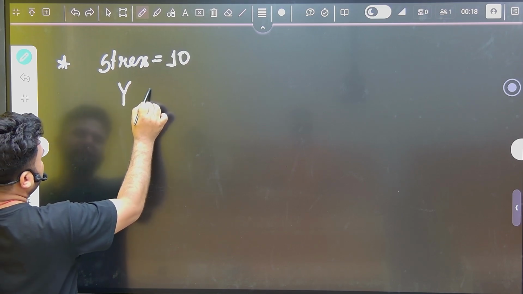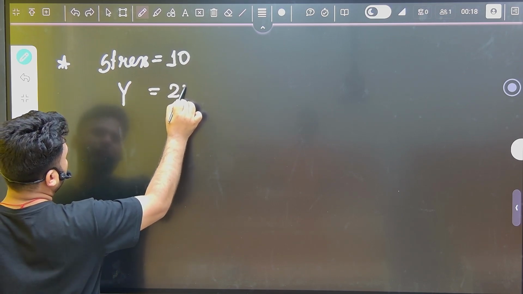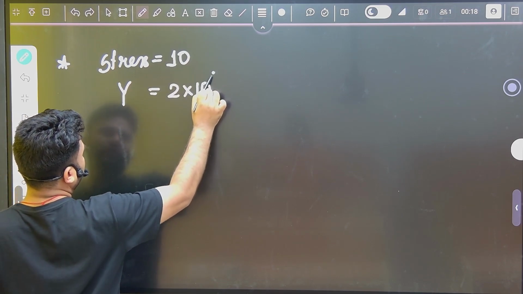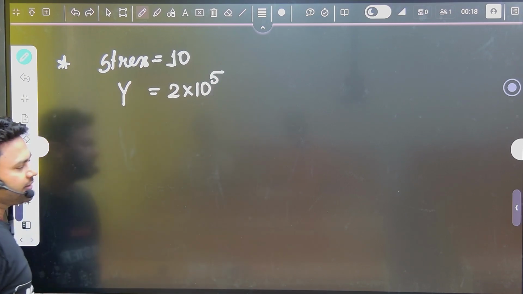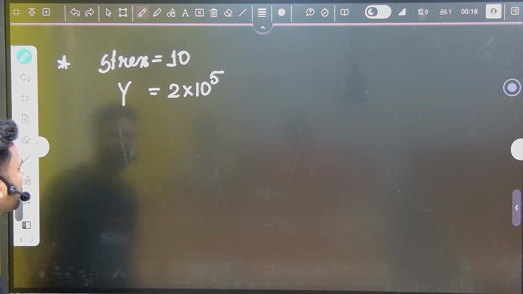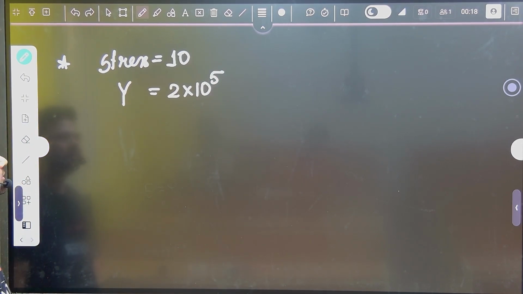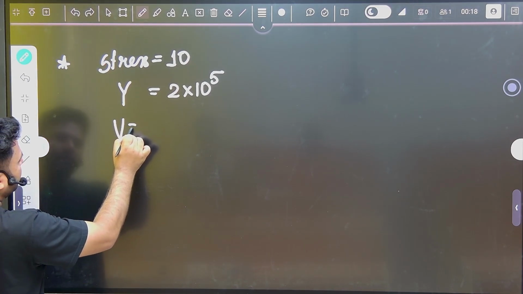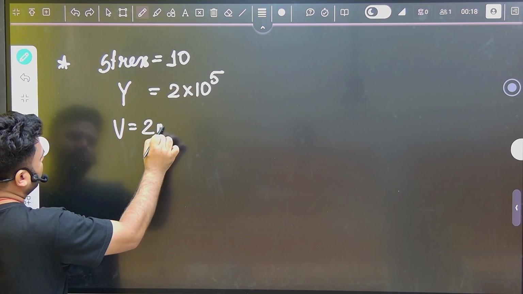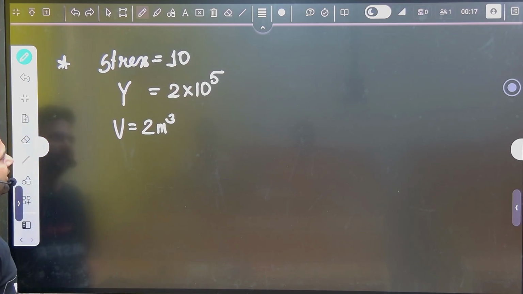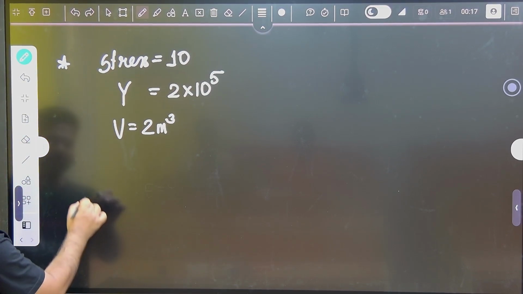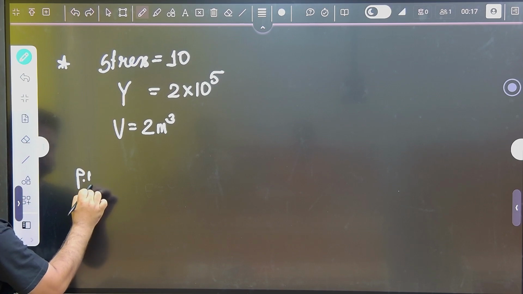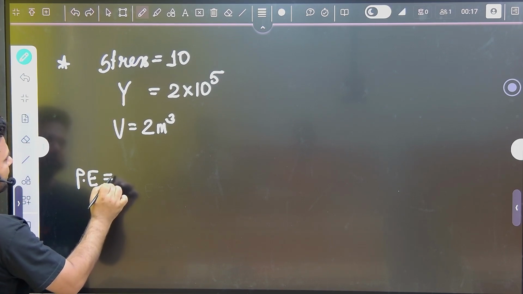Young's modulus of elasticity they have given 2 into 10 power 5. Suppose, just for example. Volume they have given 2 meter cube, volume of the rod. They are asking what is the potential energy of the rod. Can you solve?